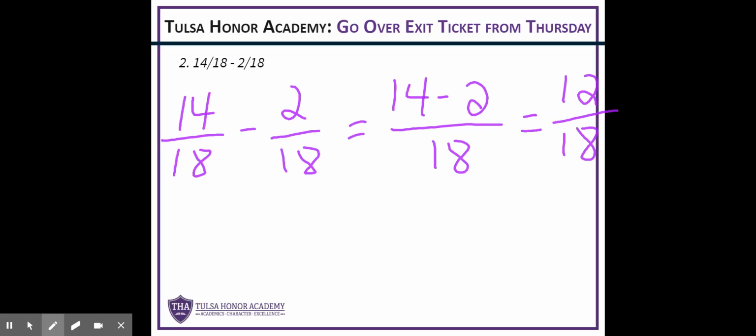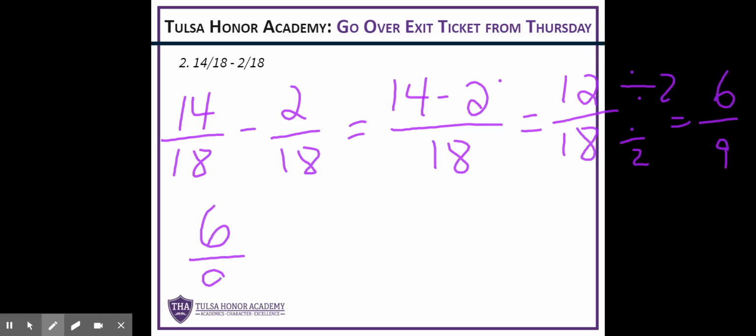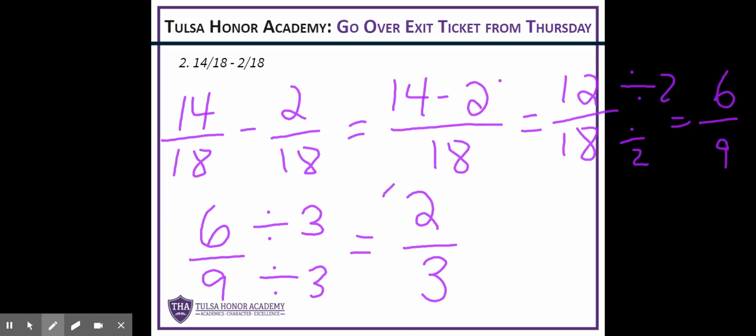We're going to simplify that, and I always start by dividing by 2, which equals 6 over, sorry about that, my screen went crazy. 6 over, and then 18 divided by 2 is 9. We can divide those by 3, because we can still simplify it, and that would equal 2 over 3, 2/3.